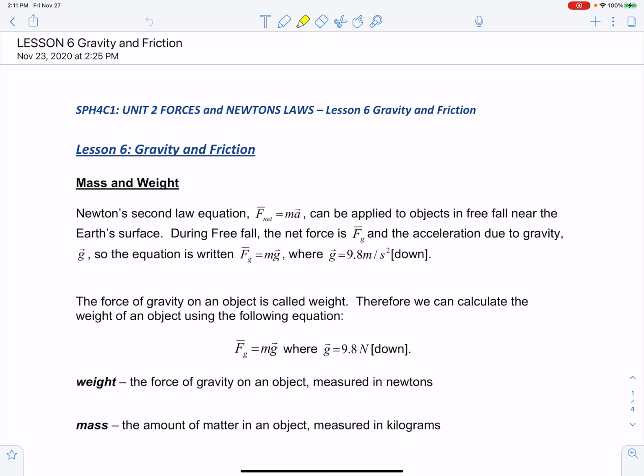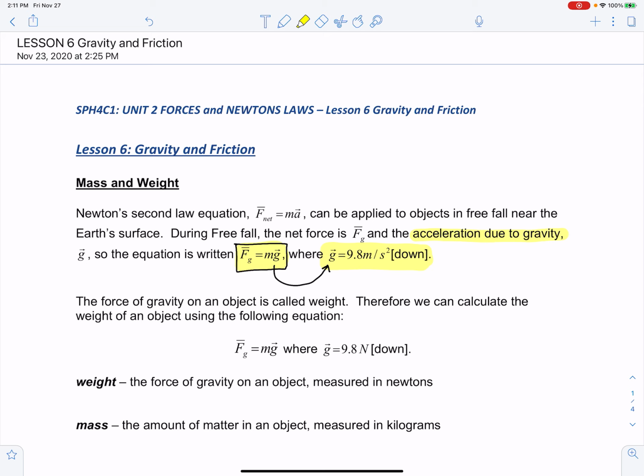So we can rewrite Newton's second law in the situation of free fall and gravity using the equation mass times g, where g is the acceleration due to gravity and has a value of 9.8 meters per second squared down.